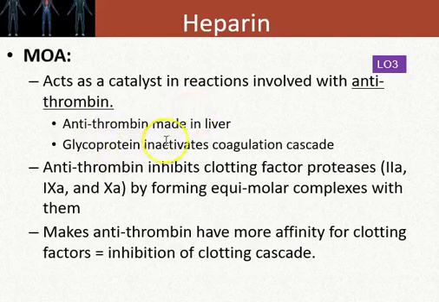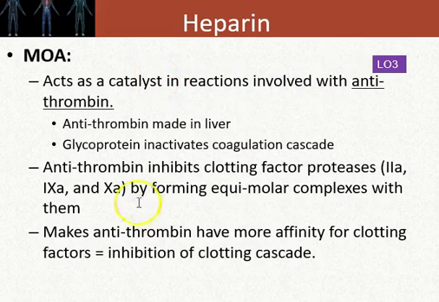And it's a glycoprotein that actually inactivates this cascade. So all this protein does is essentially take the antithrombin, or the inhibitor of the coagulation cascade, with the activator of the coagulation cascade, and just binds them together faster. So that's why we call it almost like an enzymatic catalyst.